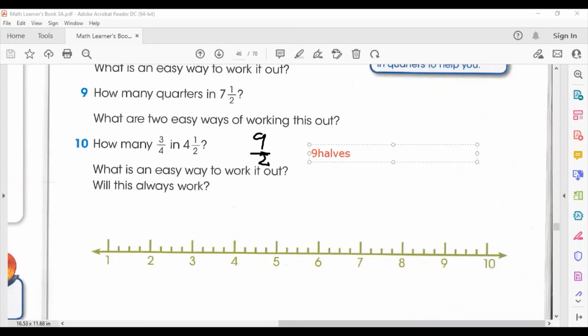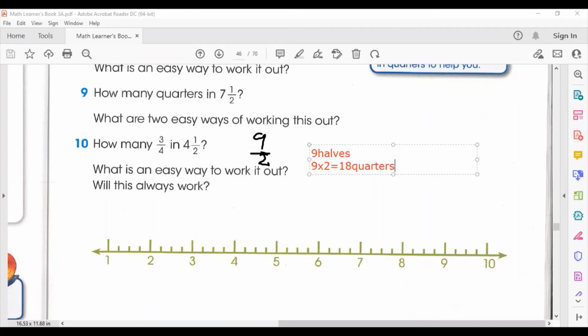It's 9 halves, but we want quarters, so just multiply with 2. 9 multiplied by 2 equals 18 quarters.